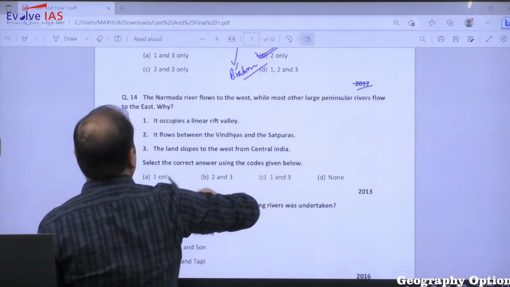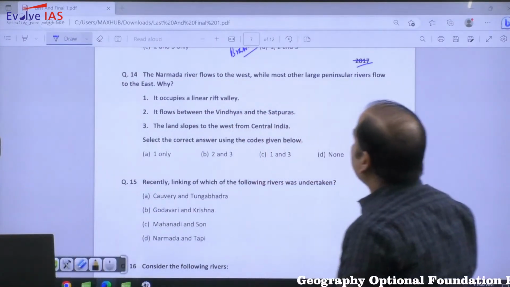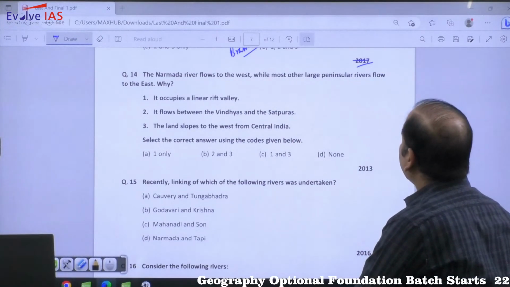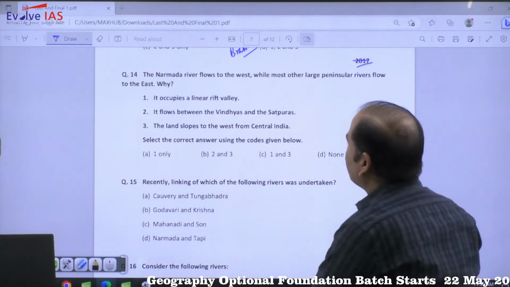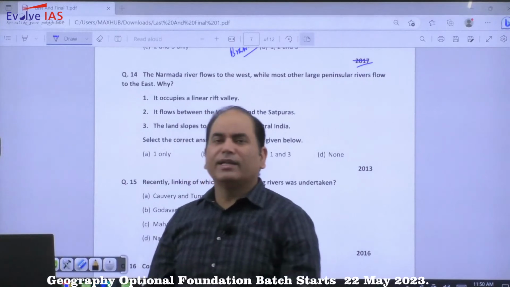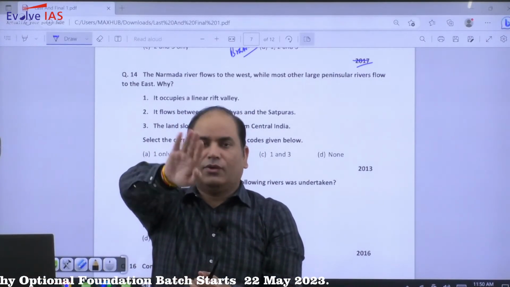Moving to next question. The Narmada river flows to the west, while most of the large peninsular rivers flow to the east. Why? As far as the peninsula is concerned, its orientation is such that it is tilted towards the east. Why this tilt?